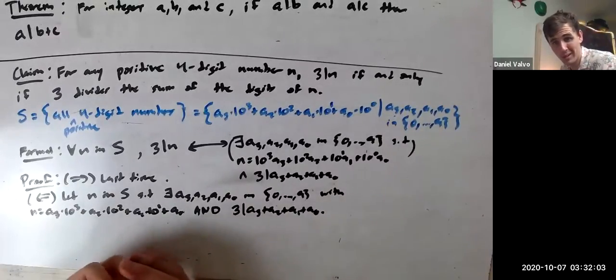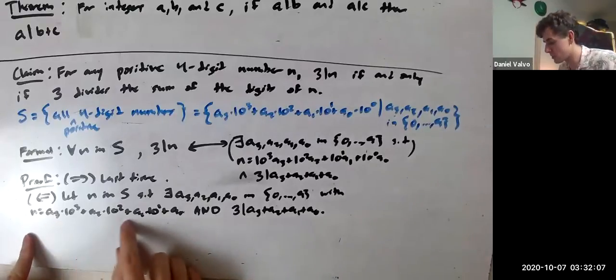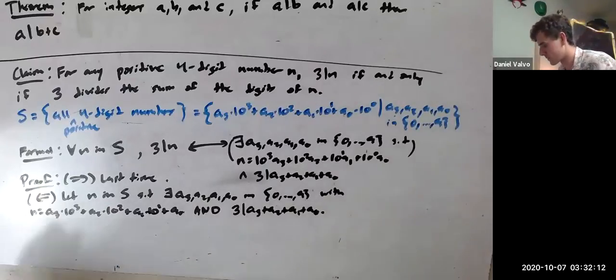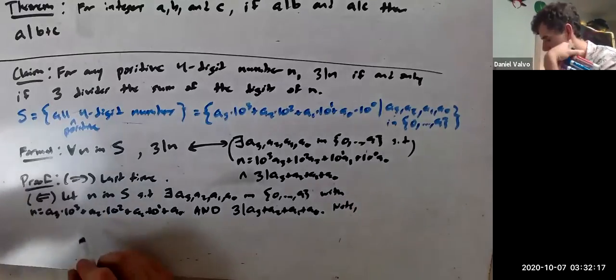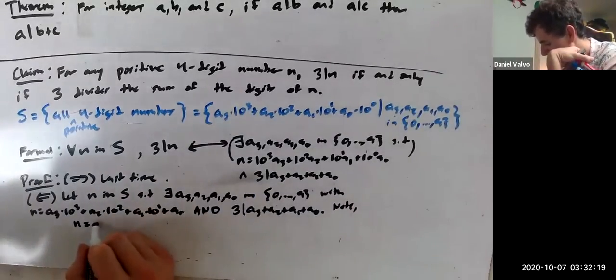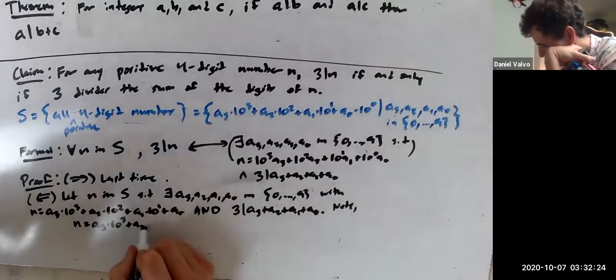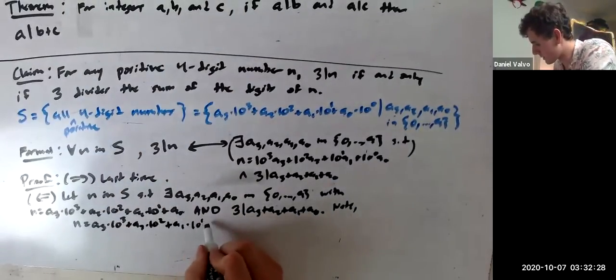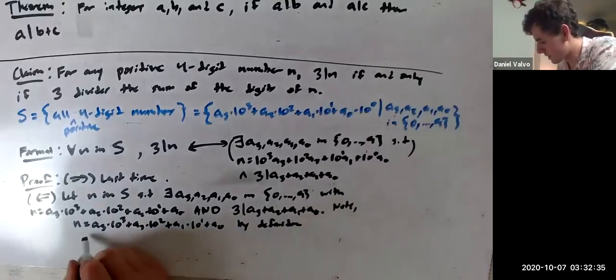So what do we do? Well, we do the same clever thing we did last time, where we can actually use this to rewrite n in a way that's more useful. So let's note that n equals A3 times 10 cubed plus A2 times 10 squared plus A1 times 10 to the 1 plus A0, by definition.